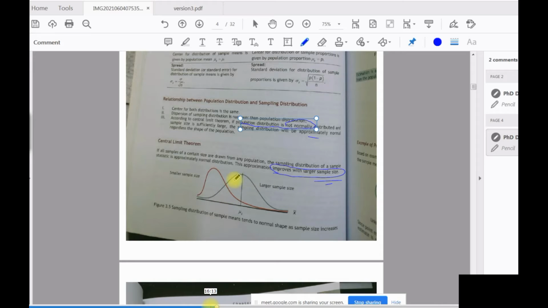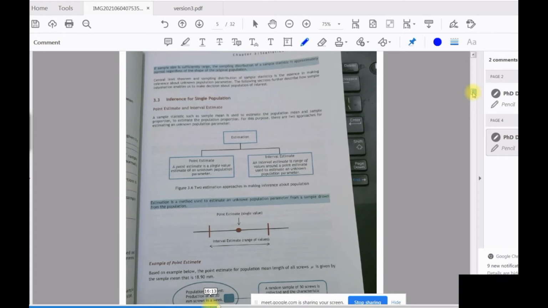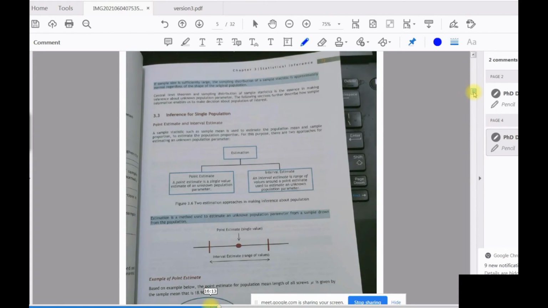So this is called the central limit theorem. The larger the sample size, the more normal our data. If the sample size is sufficiently large, the sampling distribution of the sample statistic is approximately normal regardless of the shape of the original population. Here we have inference for single population.